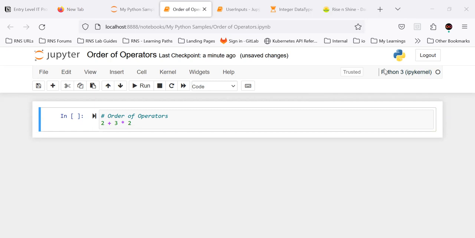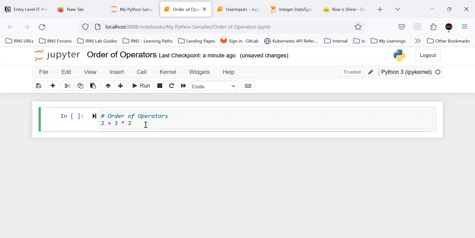I see that some people are saying 10 and some people are saying 8. Which one is the answer, 8 or 10? Okay, good. The point here is what we call order of precedence.